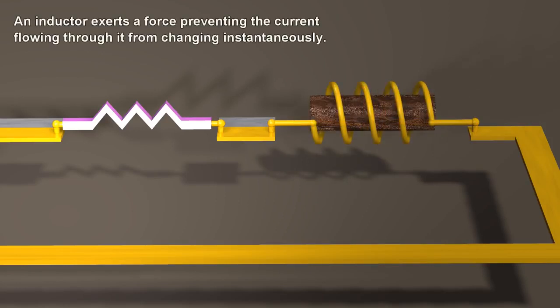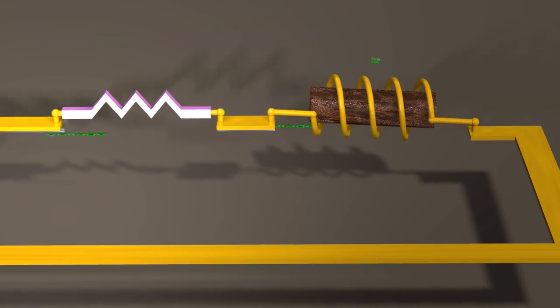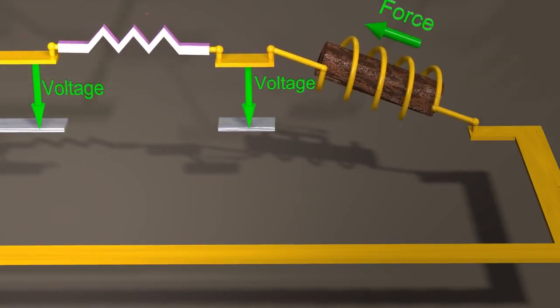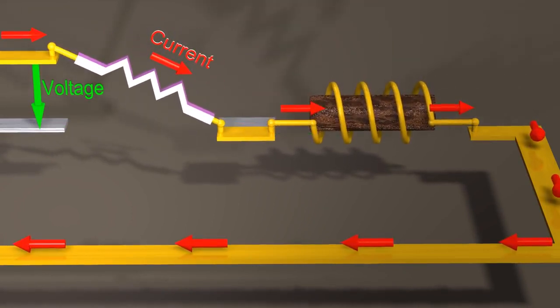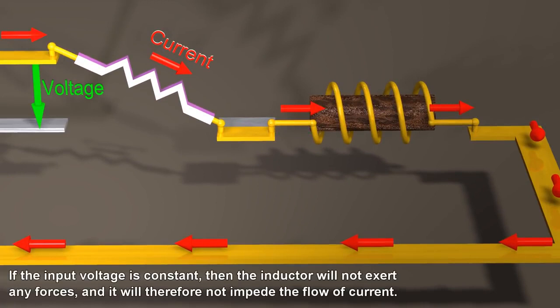An inductor exerts a force preventing the current flowing through it from changing instantaneously. If the input voltage is constant, then the inductor will not exert any forces, and it will therefore not impede the flow of current.